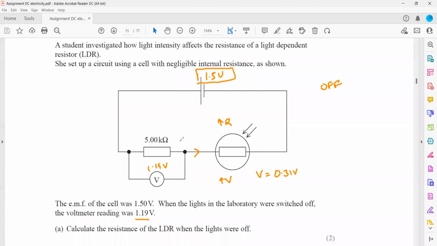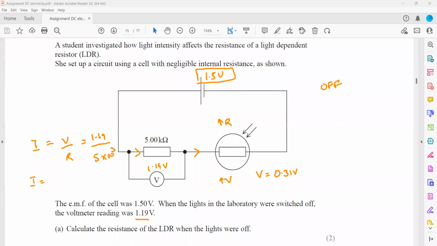And what about the current? Because they're in series, whatever current passes through the fixed resistor, the same amount of current will pass through the LDR. So how to know the current here? V is equal to IR, so I is equal to V divided by R. V is the voltage across the fixed resistor, and R is the resistance. It's written 5 kilo ohm, which is 5000 ohms, or 5 into 10 to the power 3.